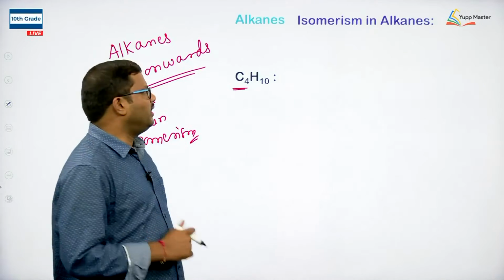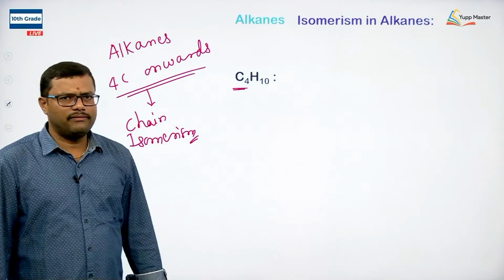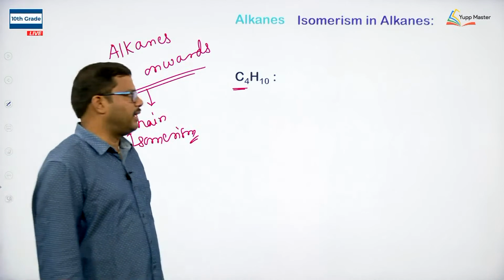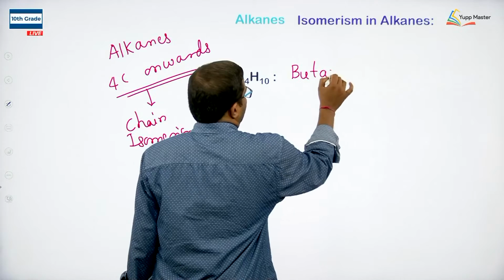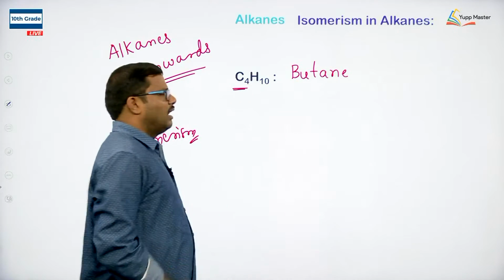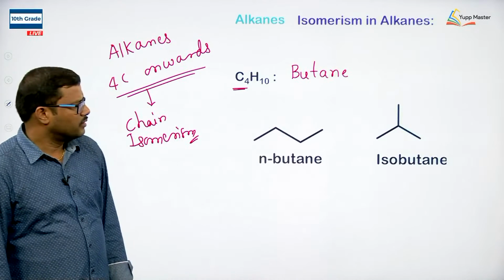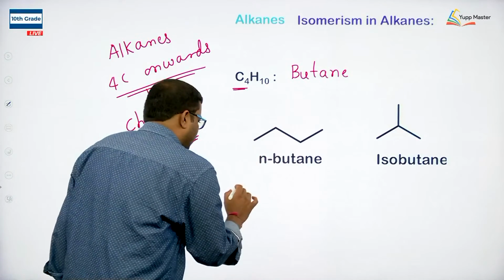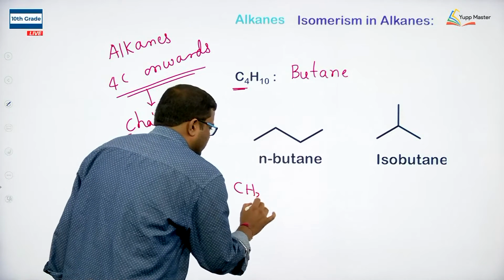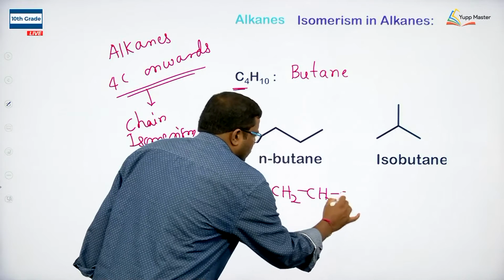So what are the different chain isomers that are possible for an alkane having 4 carbon atoms? What is the name of this compound? Whenever we have 4 carbon atoms, the alkane name is butane. If we observe butane, we can arrange the 4 carbons in a straight chain fashion, CH3, CH2, CH2, CH3.